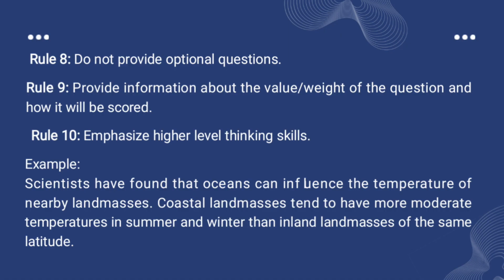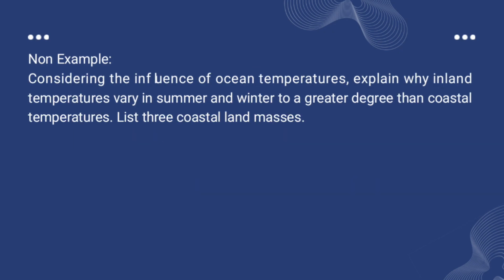Coastal land masses tend to have more moderate temperatures in summer and winter than inland land masses of the same latitude. Here the essay is elaborated, not restricted, whereas the non-example is: considering the influence of ocean temperatures, explain why inland temperatures vary in summer and winter to a greater degree than coastal temperatures.